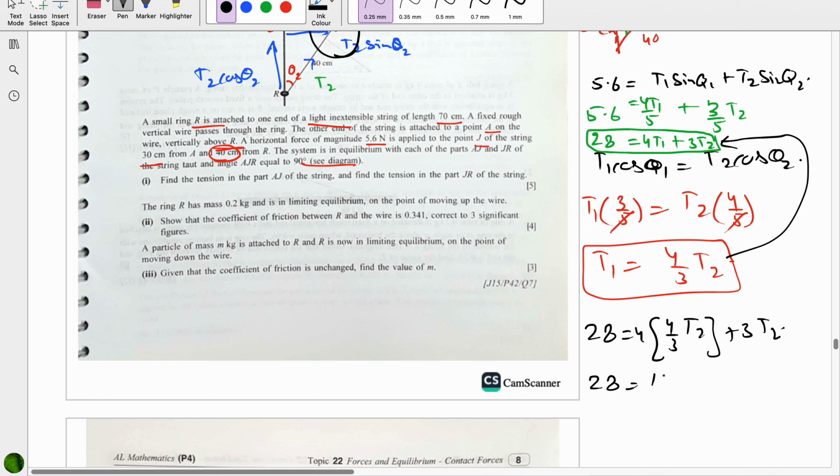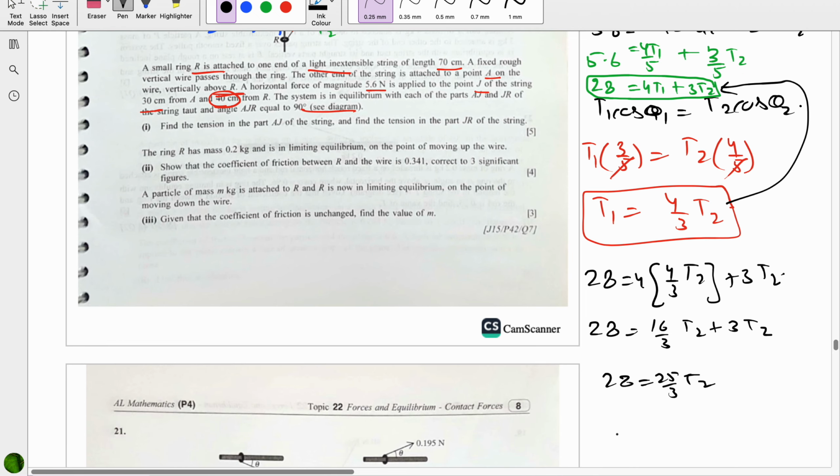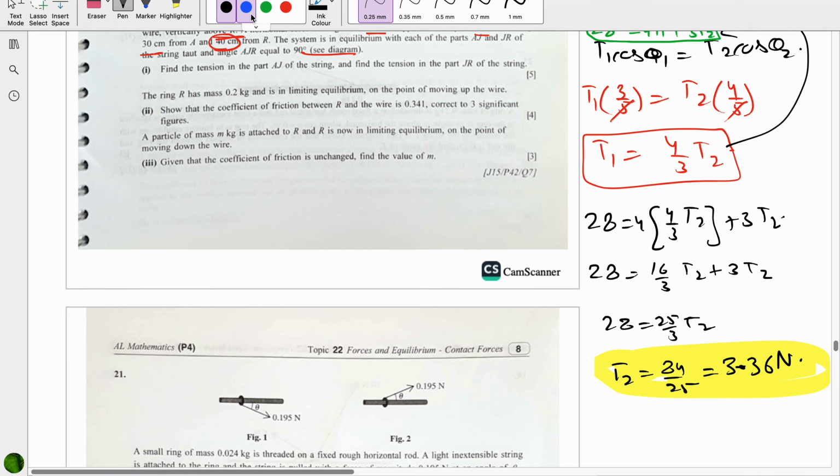28 is equal to 16 by 3 plus 3 T2. So 16 by 3 plus 3 is 25 by 3, so 25 by 3 of T2. So 28 into 3 by 25 is 84 by 25, which equals 3.36 newtons. Once we are done with T2, we can replace this value and find T1, which was 4 by 3 of T2.